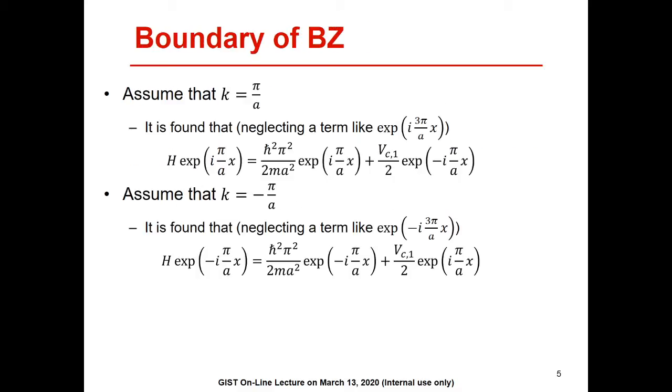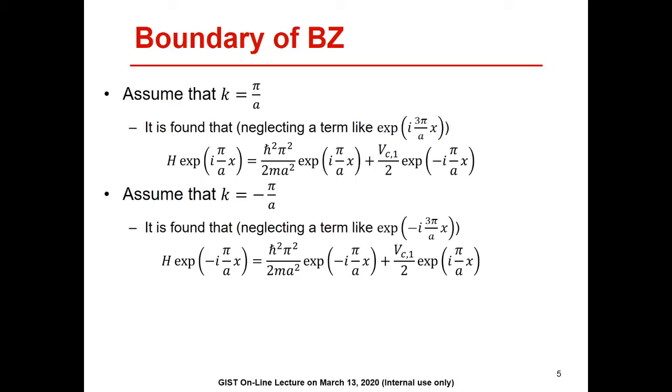At the boundary of the Brillouin zone, k equal to π/a, we can notice that the periodic potential connects e^{iπx/a} and e^{-iπx/a}. At k equal to -π/a, we have a similar relation.